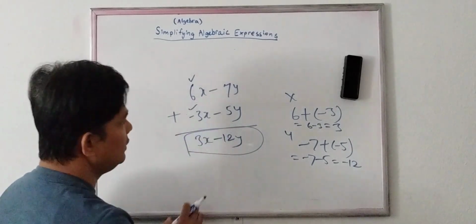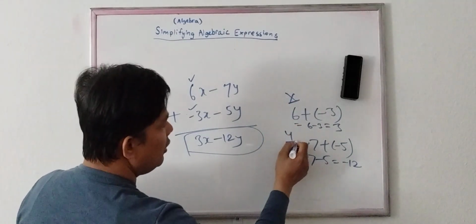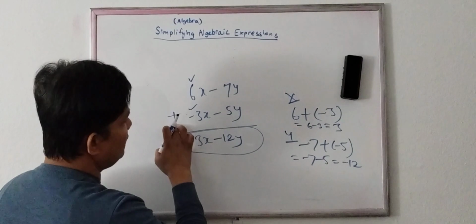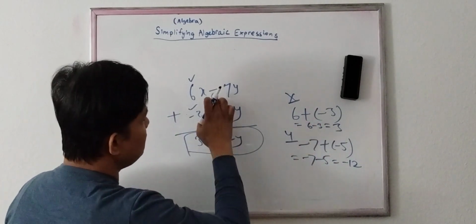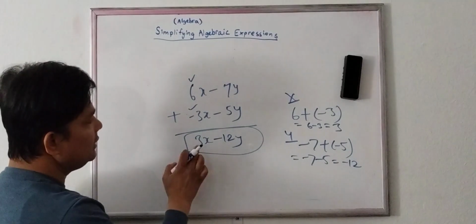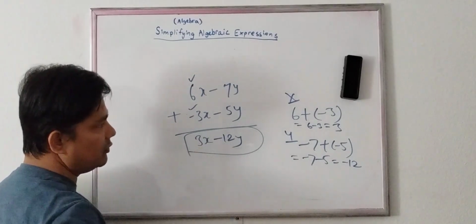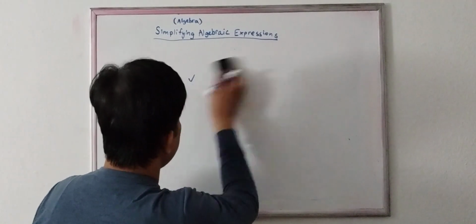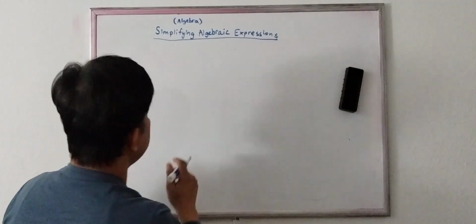This is how you can solve without getting confused. So here you have 6 plus minus 3, which is 3, and minus 7 plus minus 5, which is minus 12. So your answer is 3x minus 12y. Now let's take a couple of examples involving subtraction.